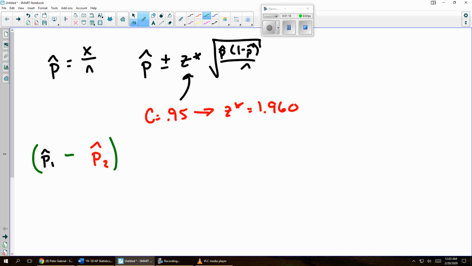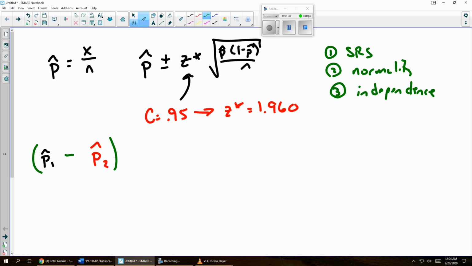Now, just like before, we have three conditions that have to be met. I need a random sample. I need to check for normality. And I need to check for independence. The random sample ideally is an SRS, or something we can consider an SRS.